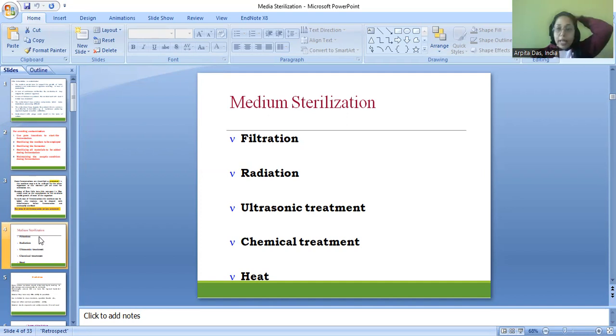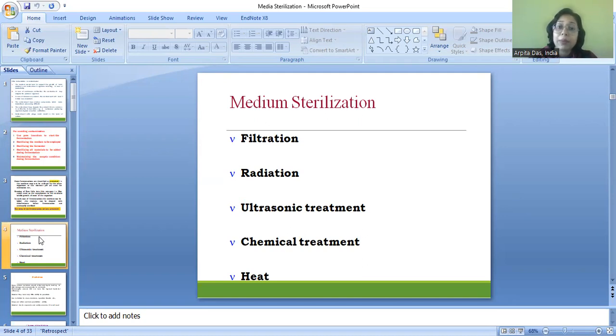So media as well as bioreactor sterilization plays a very important role in upstream processing. Media sterilization can be done using filtration. We can use different types of filters. Regarding radiation, we can utilize X-ray and gamma ray.